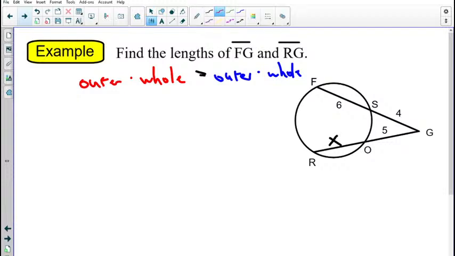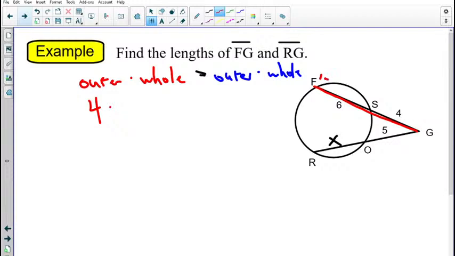Let's start with the red. The outer piece in that segment is 4. That's the piece that's outside the circle. Times, not 6. We're not using 6 here because that's not the whole segment.